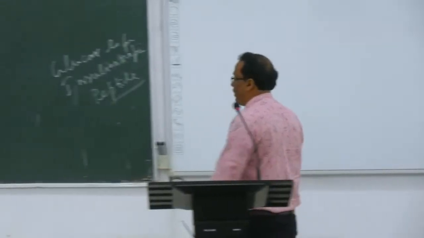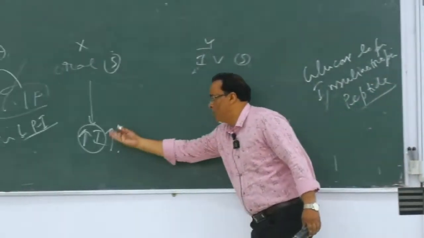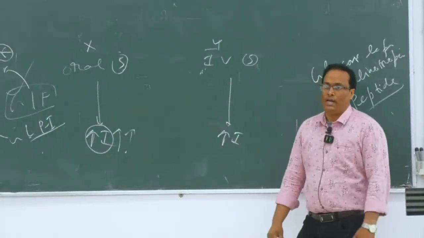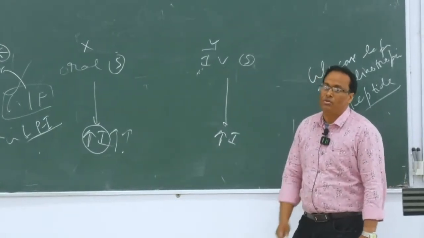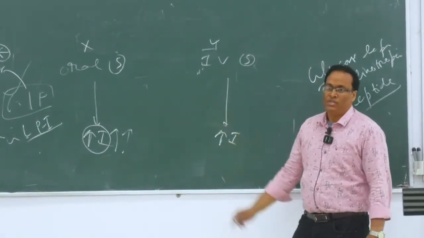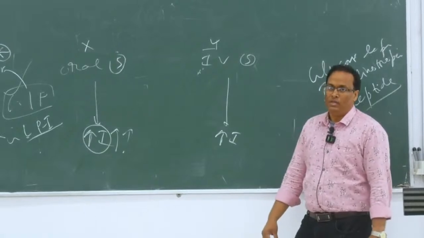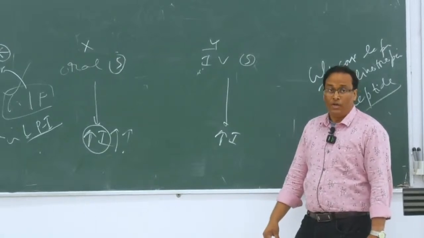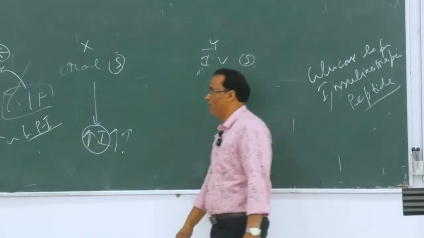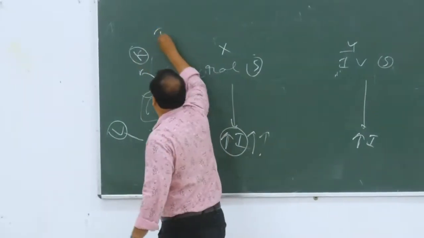So these hormones are important to increase the level of insulin, and this incremental insulin release is done by GIP and GLP-1. That is why they are called incretins. So incretins are given in your short note also.